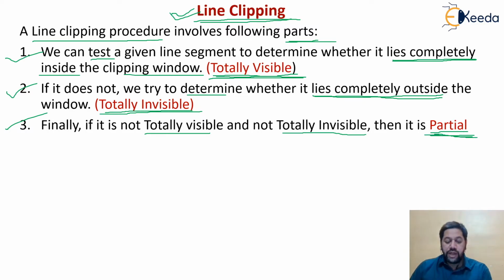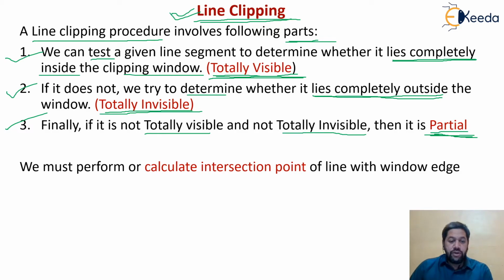If the line is totally visible, it will be saved. If it is totally invisible, it is not saved. But if the line is partial, we must calculate the intersection point of the line with the window edge.